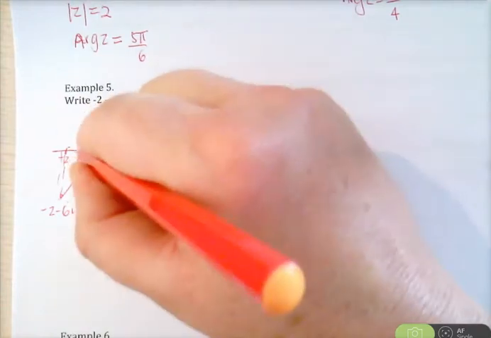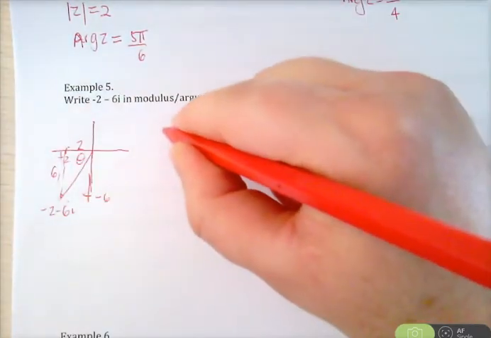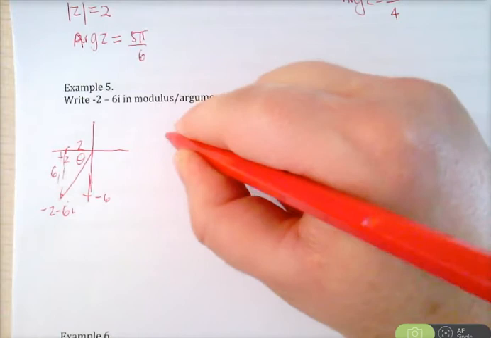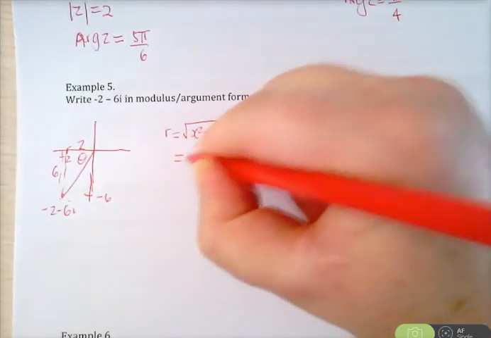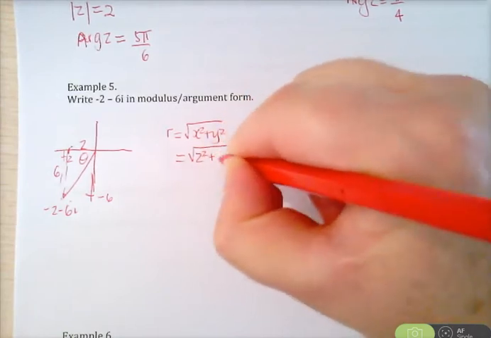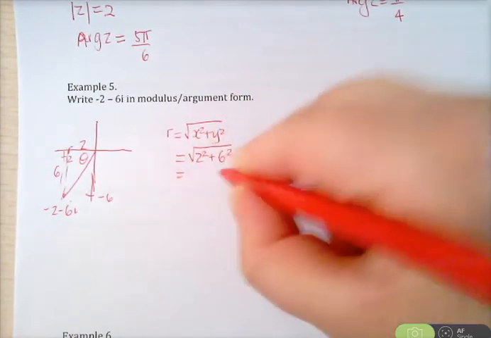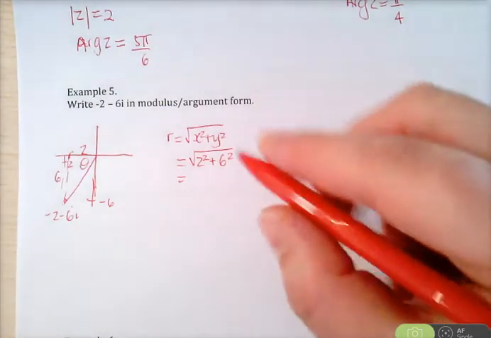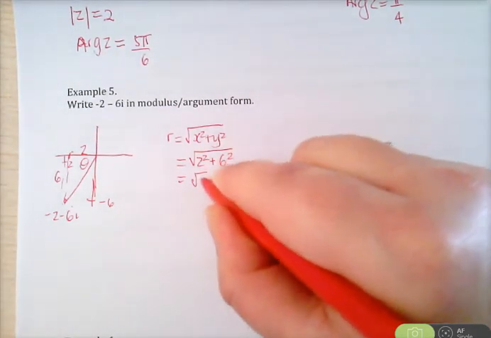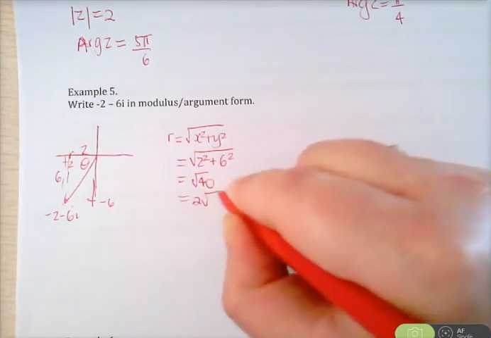Looking at our right angle triangle, we've got 2 and 6. So r is the square root of x squared plus y squared, which is the square root of 2 squared plus 6 squared, which is the square root of 4 plus 36, in other words, the square root of 40. And you can simplify that to 2 root 10.